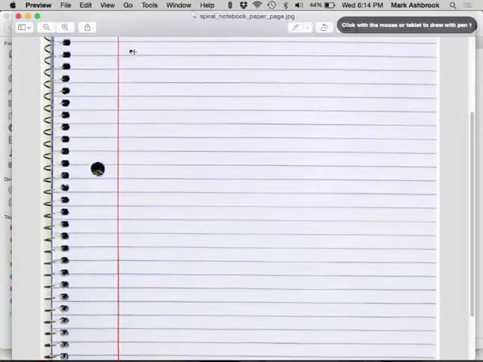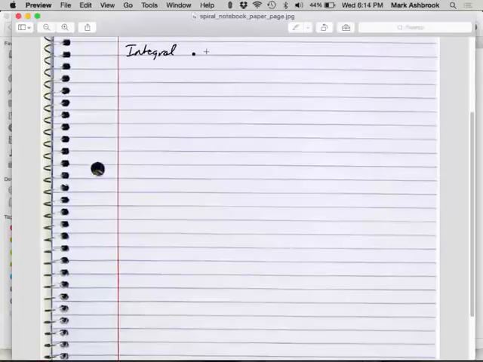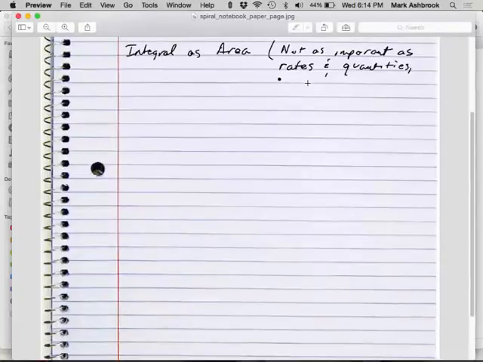So we're talking about integral as area. Not as important as rates and quantities, but still important.